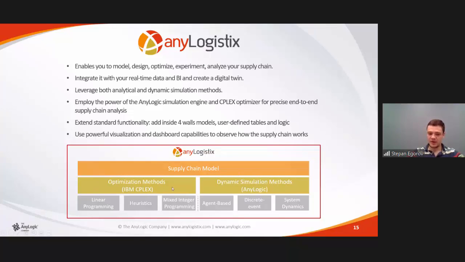And second is optimization techniques by IBM CPLEX, which is also the top solver in the LP world. And the combination of both makes anyLogistix a very flexible tool that allows you to model your supply chain in much detail and capture all the special traits of your logistics network.